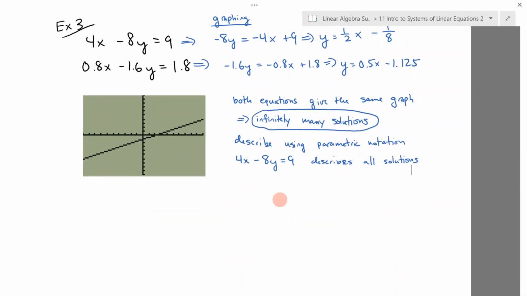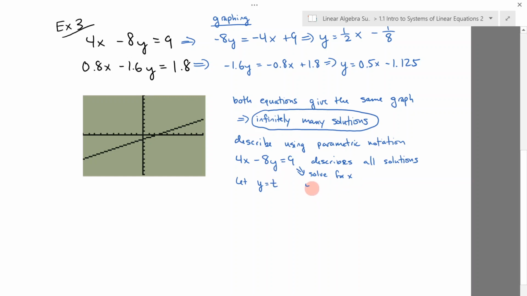I can write it in coordinate form in the following way. I introduce a parameter t, and then I solve for x in terms of y. So I let y equal t, and plug in t for y.